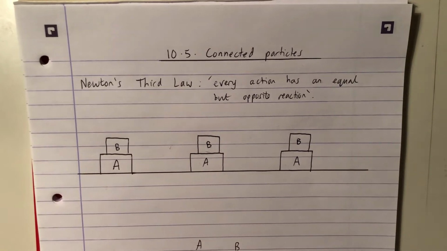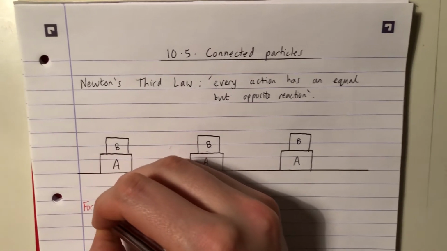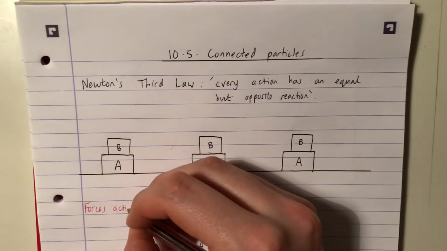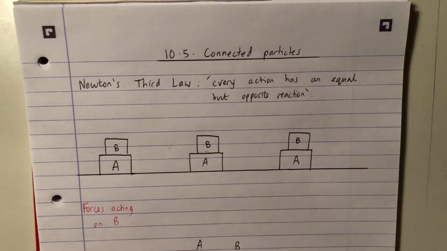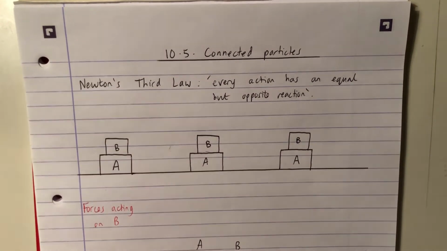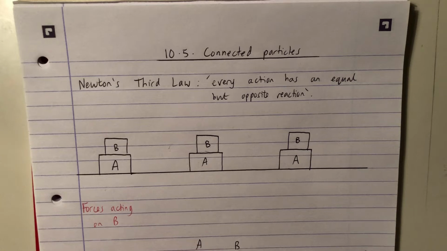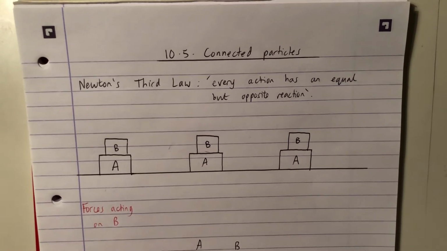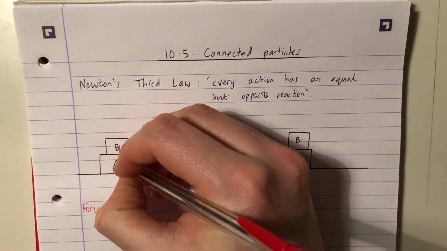So for the first one, just going to consider the forces acting on object B. There you've got an object B on top of object A and then a floor underneath. So what forces would act on B? Let's assume that B has a mass, so we would have a weight, and that weight would act directly downwards.